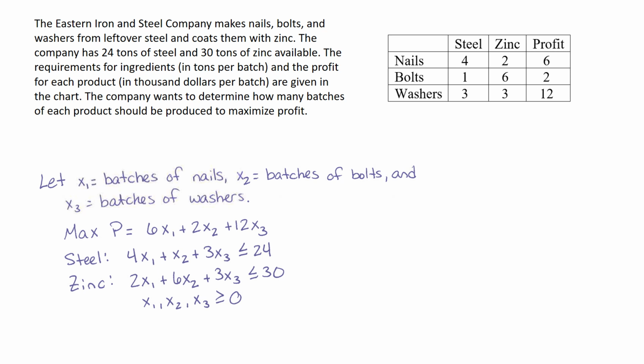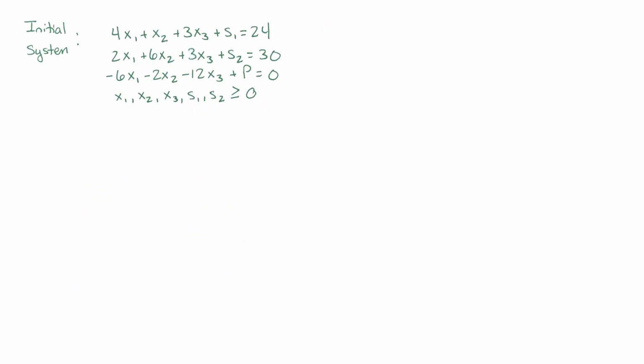So in order to change this and use the simplex method, we have to first get the initial system. We need to get equality by adding the slack variables, and we need to rewrite the objective function. So our initial system is 4x1 plus x2 plus 3x3 plus s1 equals 24. 2x1 plus 6x2 plus 3x3 plus s2 equals 30.